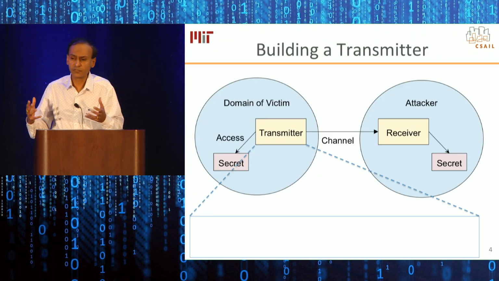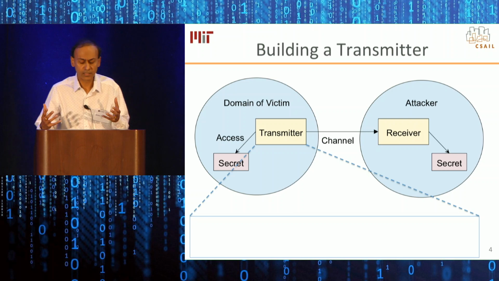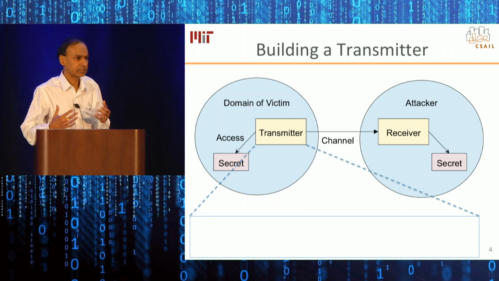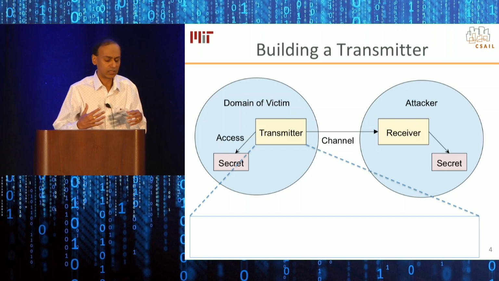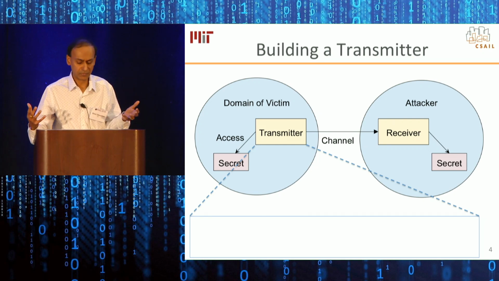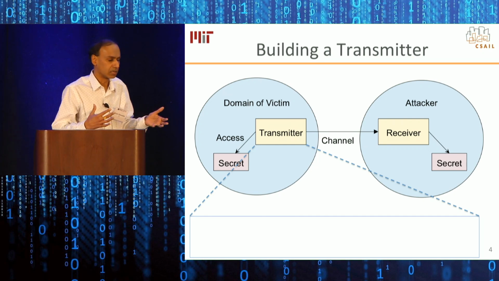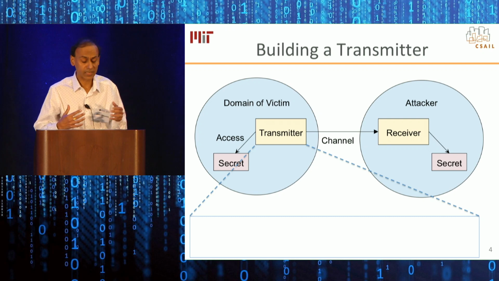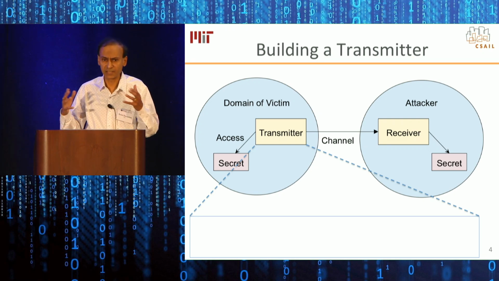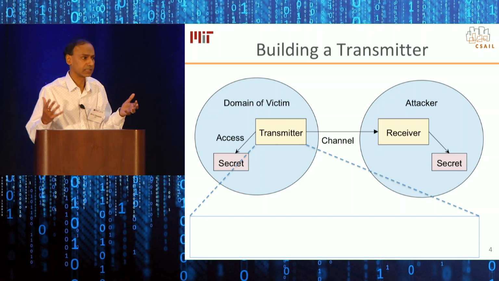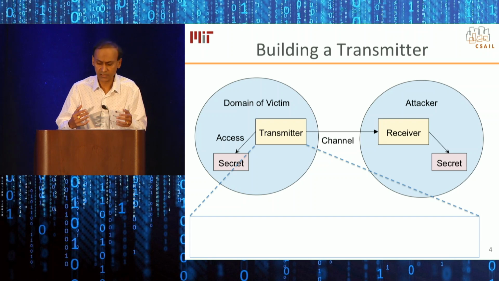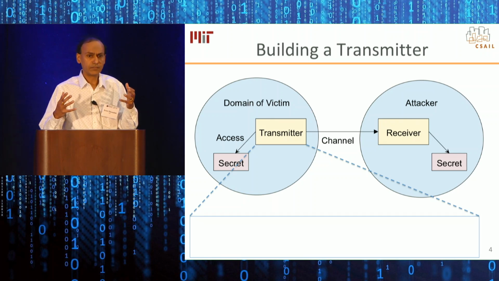So I want to give you a sense of the attacks that we're considering in our work. This is really a template for attacks. There are many specific attacks that fall into this. Obviously, attacks are in many cases combinations of bugs as well as these microarchitectural side channels. But if you look into what's going on with Spectre and Meltdown and the cache timing attacks that predated them, you have essentially the picture here, which is you have domains.